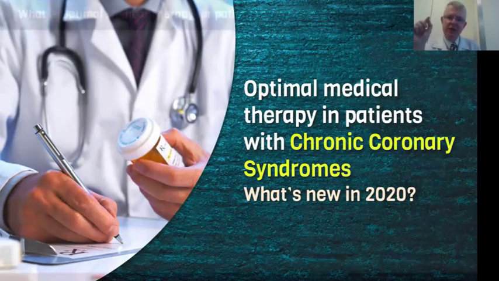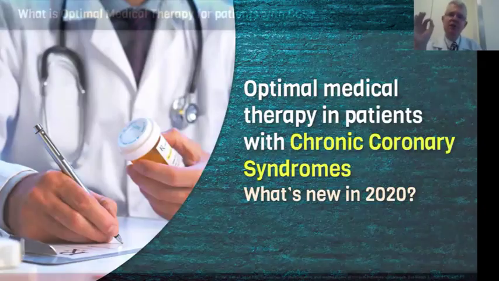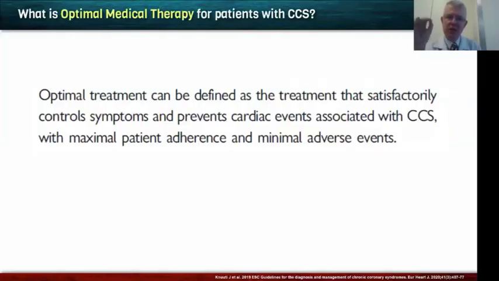If you look again, this is from the European guidelines, and this is very important because there are key statements in this definition of what is optimal treatment for a patient with chronic coronary syndrome. So what are those key elements? Element number one, the treatment has to satisfactorily control symptoms.